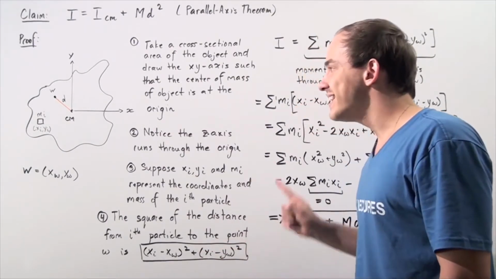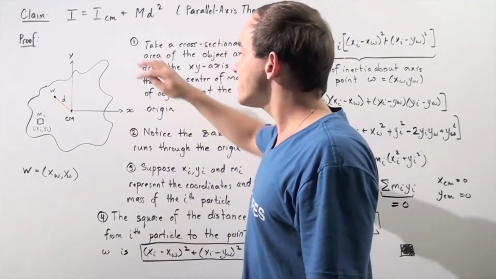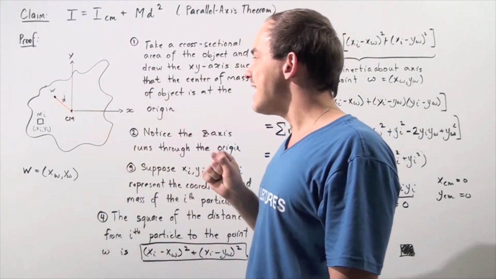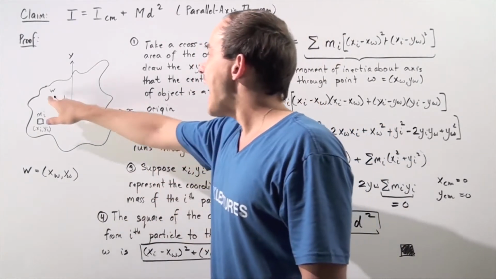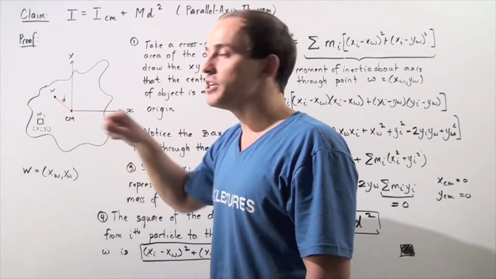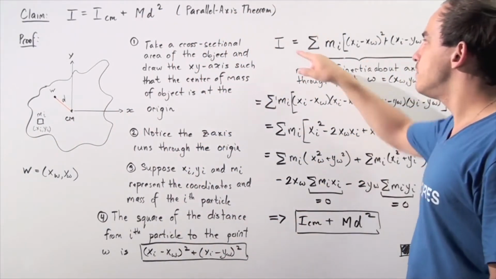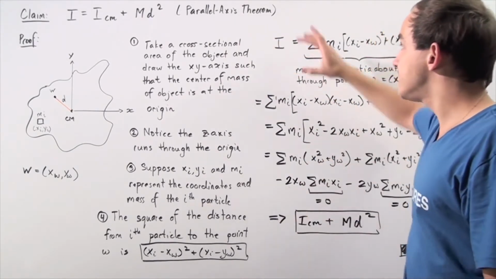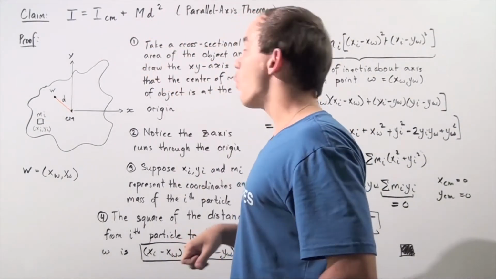So this is the distance from W to this particle, squared. Now notice this distance d is simply the distance between our z-axis, the axis that goes through the center of mass, and the axis W about which our object is actually rotating. So let's begin by calculating what I is. Our end goal is to show that I is equal to exactly this formula.